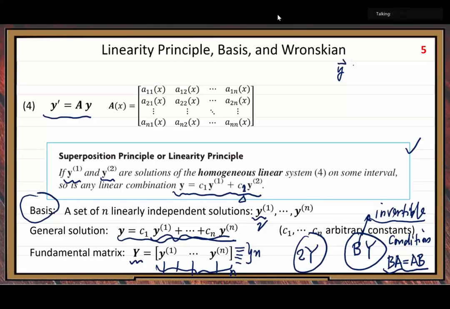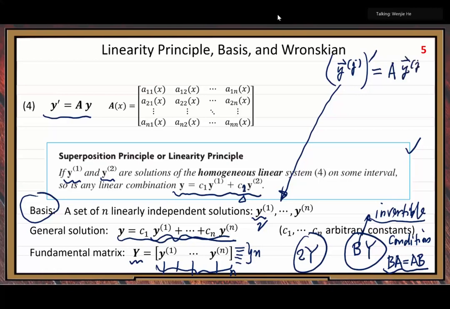Solution. Let me use y superscript parenthesis j. We know this is one of the solution vectors, because it's a solution. Do we have y^(j)' equals A times y^(j)?